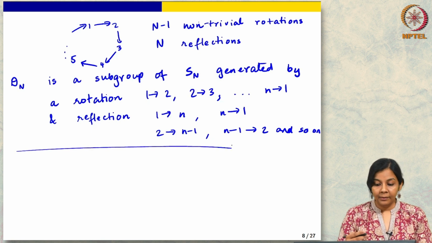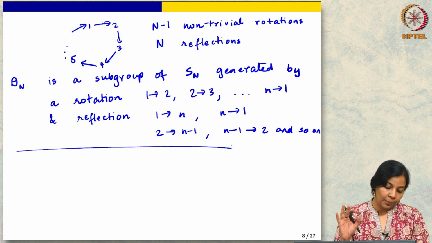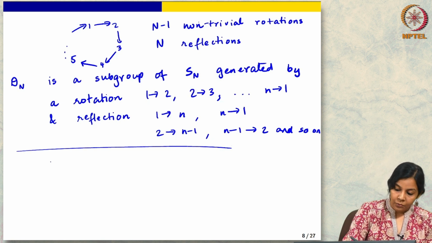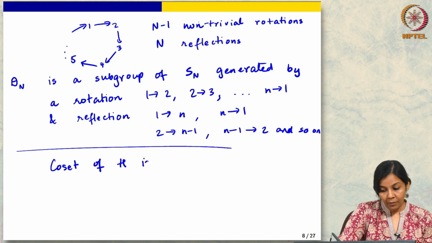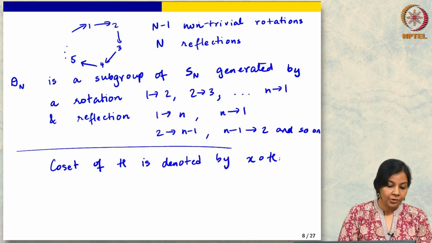With that, let us try to dig a little deeper into the hidden subgroup problem. A coset of H is denoted by XH.